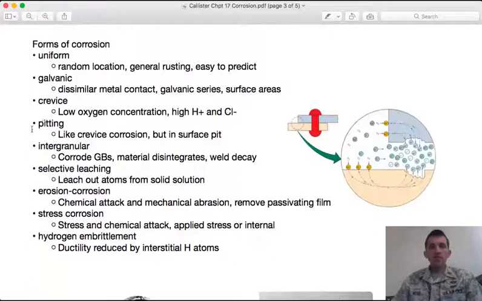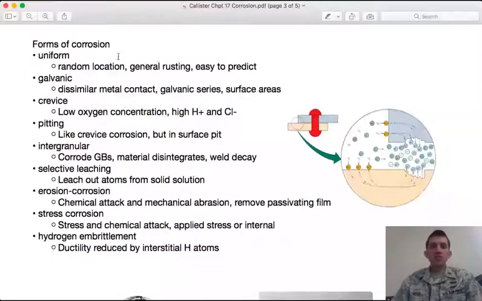The most common form of corrosion is uniform corrosion. If you've ever seen an old car that has that patina on the hood or the body, where it just looks red, that's uniform corrosion, where you've got corrosion initiating randomly across the whole surface.